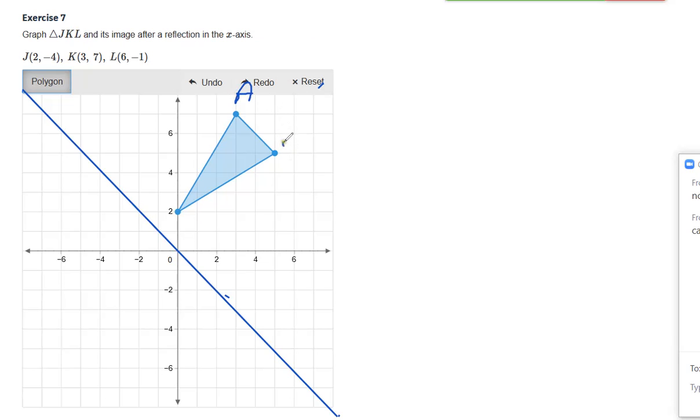Can someone in the chat please tell me what the coordinates are of point A? 3, 7, I totally agree. Over 3 and up 7 is exactly right.